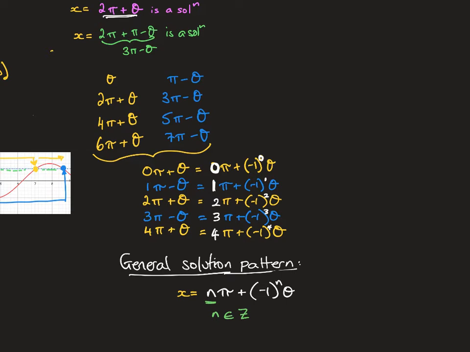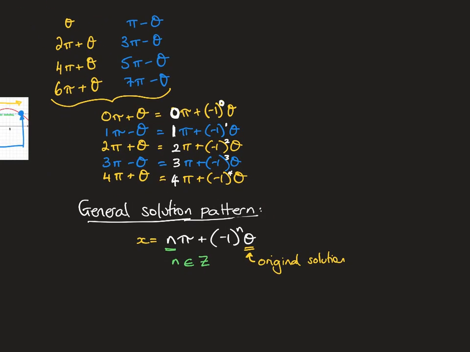And the other thing that we need to define here is that this theta is our original solution in the first quadrant for sine of something equal to b.